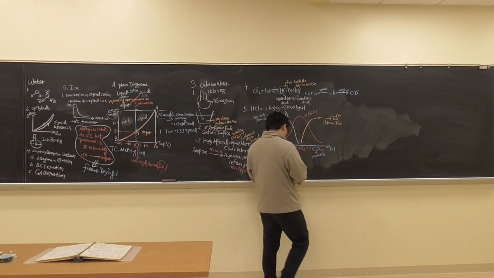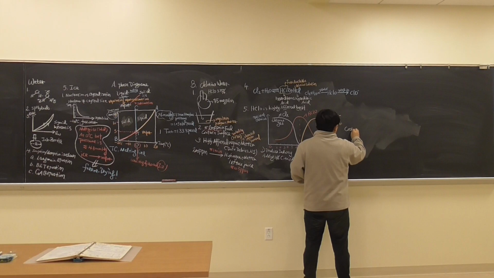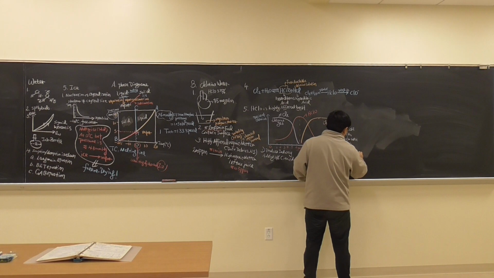So citric acid, we talk about that: CH2, COOH, C, OH, COOH, CH2, COOH, that's citric acid. Remember the citric acid cycle? That's citric acid.